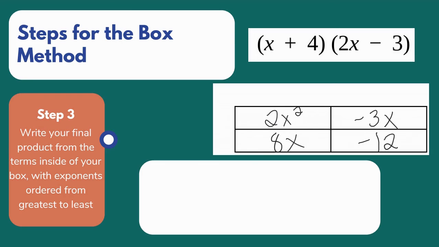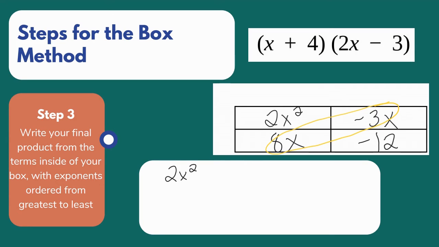The final step in our box method says to write your final product from the terms inside of your box with exponents ordered from greatest to least. But before I can do that, I notice that in the center of my box, in the diagonals, I have some like terms. So I know that before my product is done, I will need to combine those. Let's write down all of the terms that we see inside of our box.